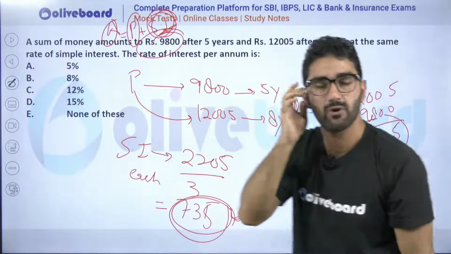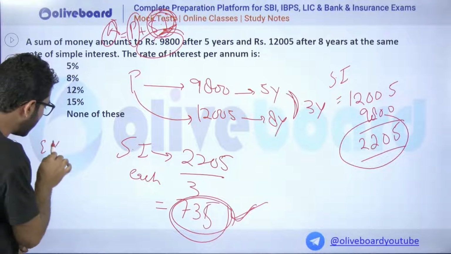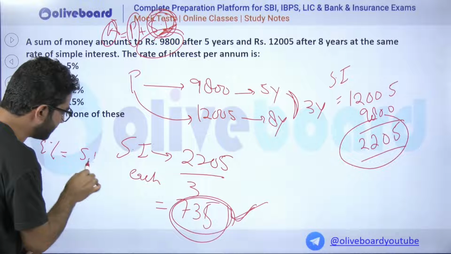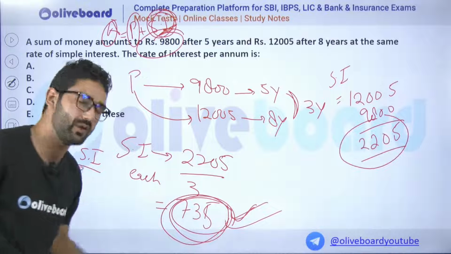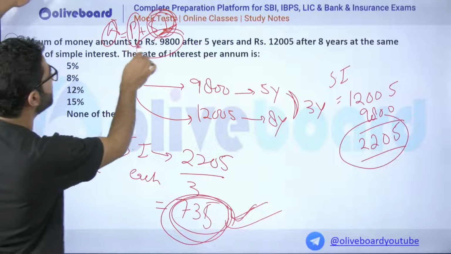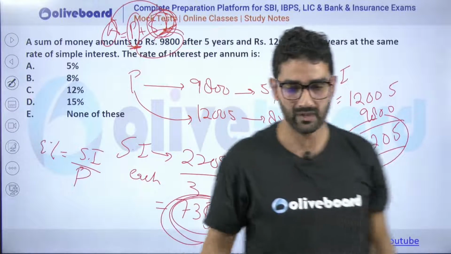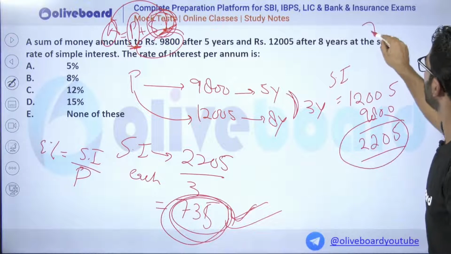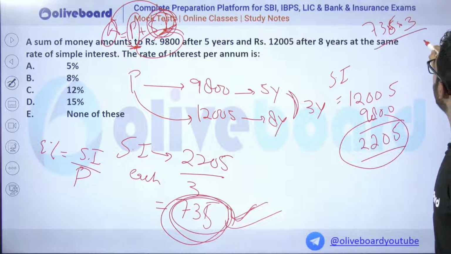Now, to calculate the rate of interest, the formula is simple interest per year upon principal. We calculated simple interest per year, but we have to calculate the principal, which is the amount minus this. How much do we get if I multiply 735 by 3?